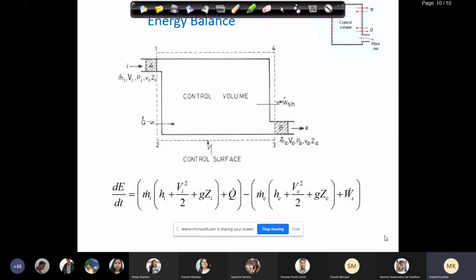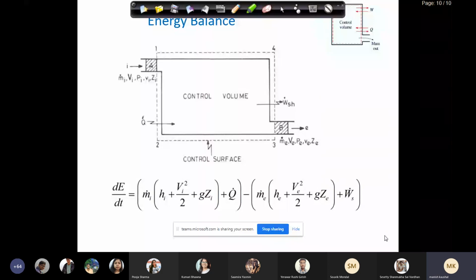So first read this: d by dt of E of this control volume, the rate of change of total energy of this control volume, is equal to m dot i, the mass flow rate at inlet, multiplied by the enthalpy at inlet plus the specific kinetic energy Vi square by 2.